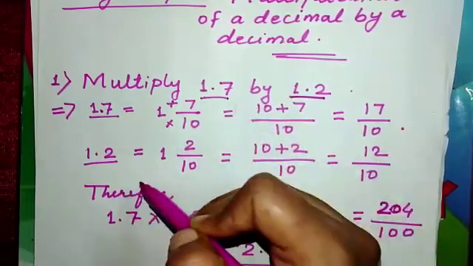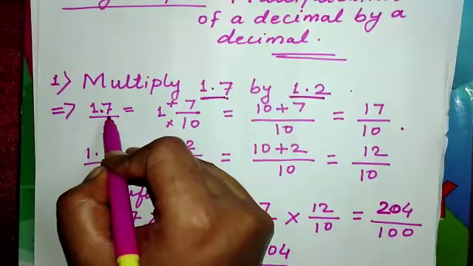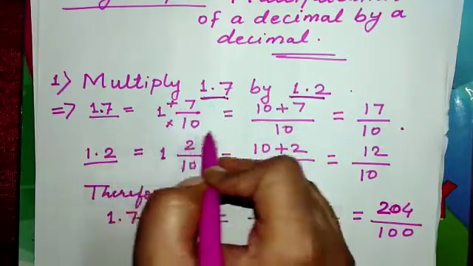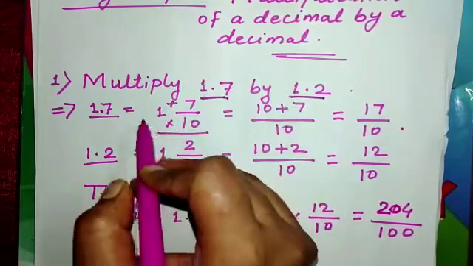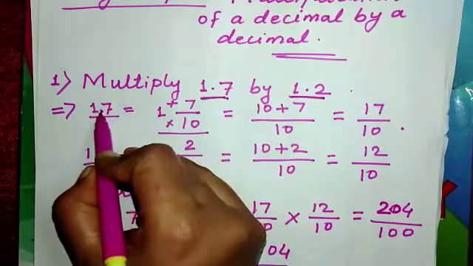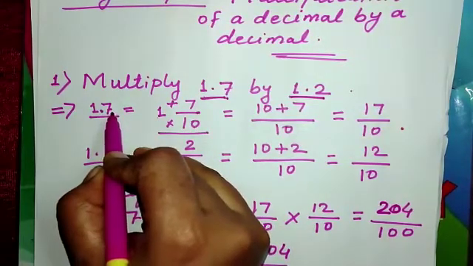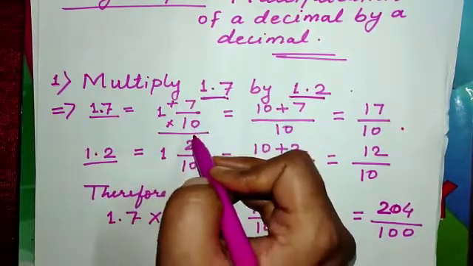Okay, so let's solve. First we will take this number, that is 1.7, and we will convert it into a mixed fraction. So how will we write? We will write 7 by 10, because after the decimal point, if it is in the tenth place, we will write 7 by 10.